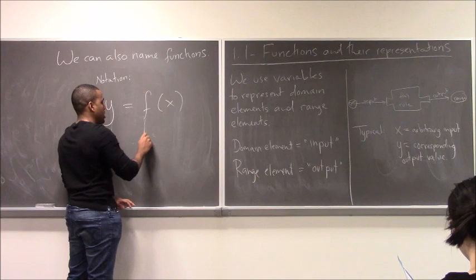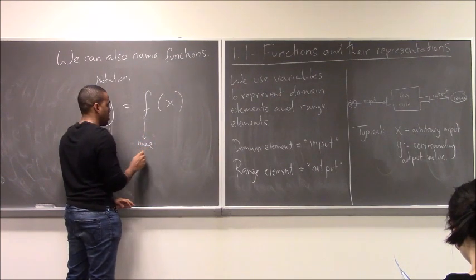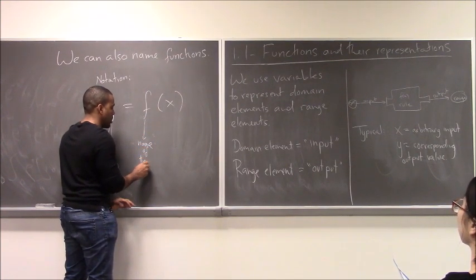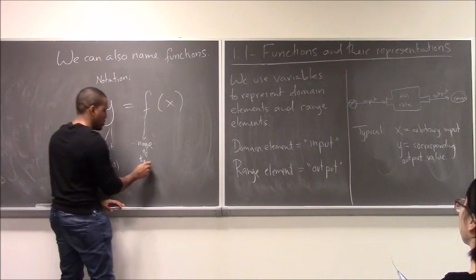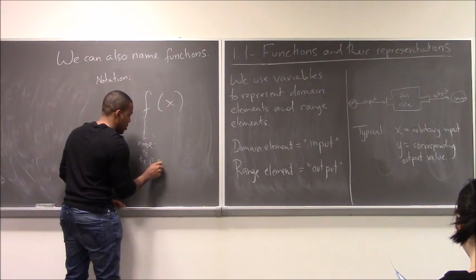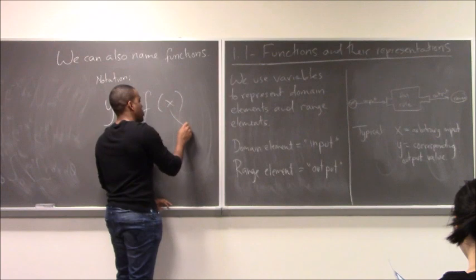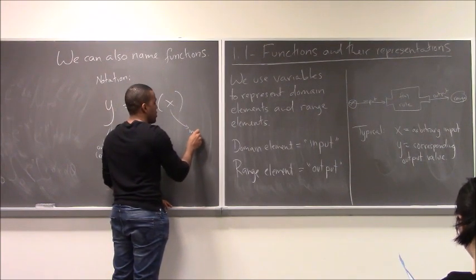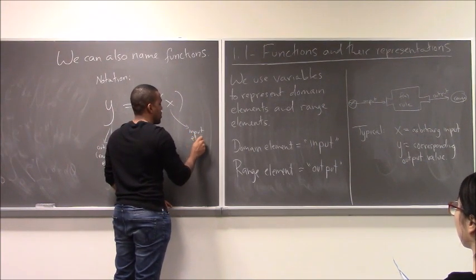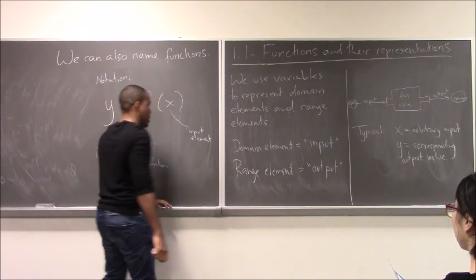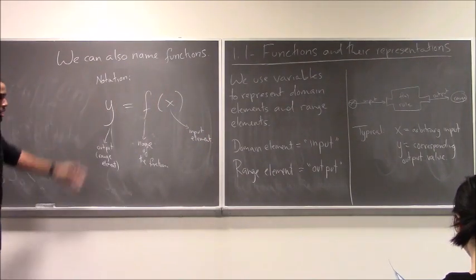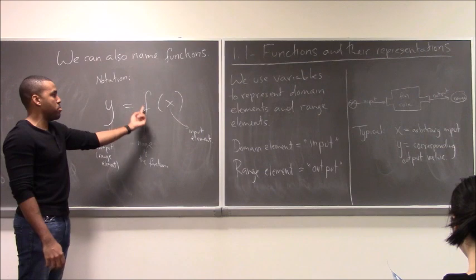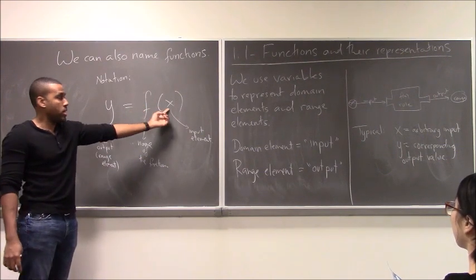The f, that's the name of the function. We can often name functions by using letters. And x represents the input element. So basically, this notation says I have a function that I'm naming f. It takes input values x.